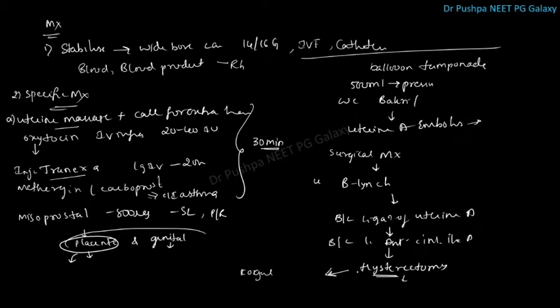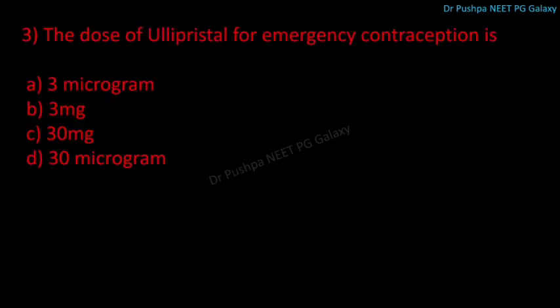If after hysterectomy bleeding is still not stopping, we should think of a coagulation disorder, that is DIC, or some other disorder. So this is regarding postpartum hemorrhage, the active management of third stage of labor and the management of PPH.